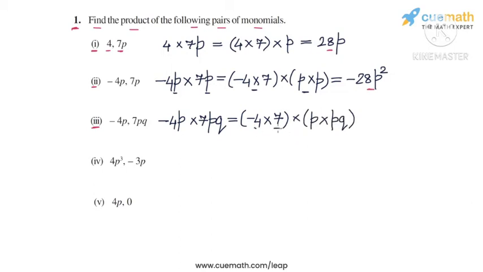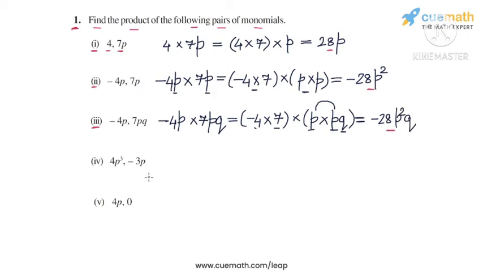Now minus 4 into 7 is minus 28, and what about p into pq? We have two repetitions of p, so that will become p square, and then we have a q, so p square q. So we will get minus 28 p square q. This will be the product in the third part.